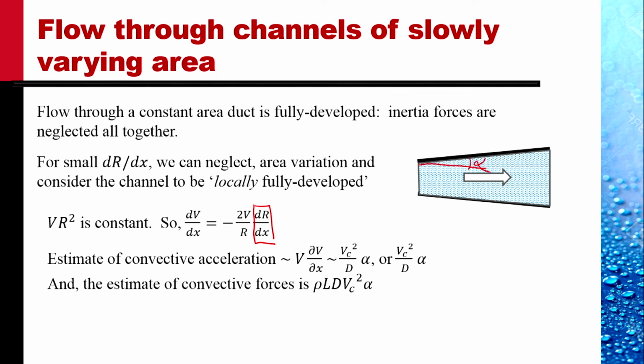And the estimate of the convective force is obtained by multiplying it by the mass, which is rho L d square, and so we get the estimate of convective force as rho L d Vc square times alpha.